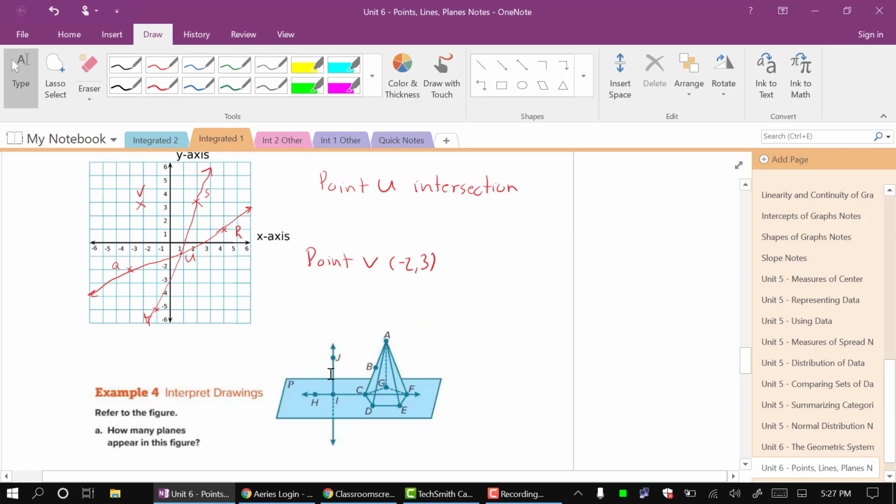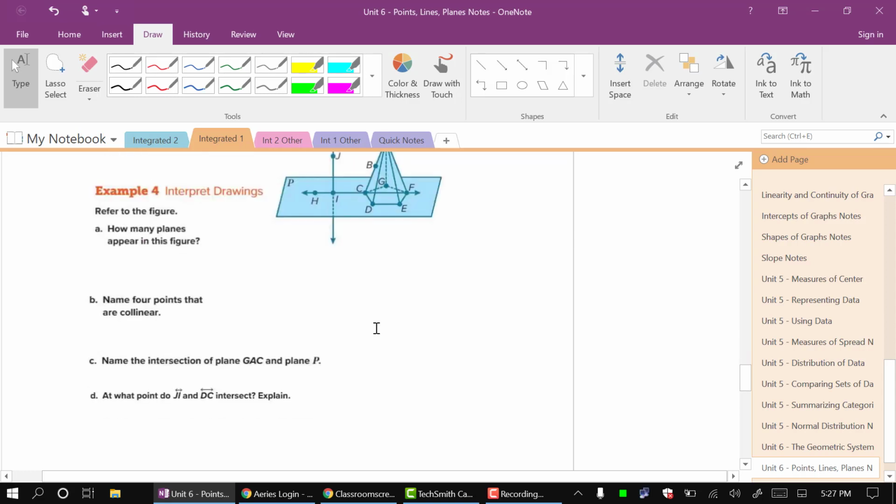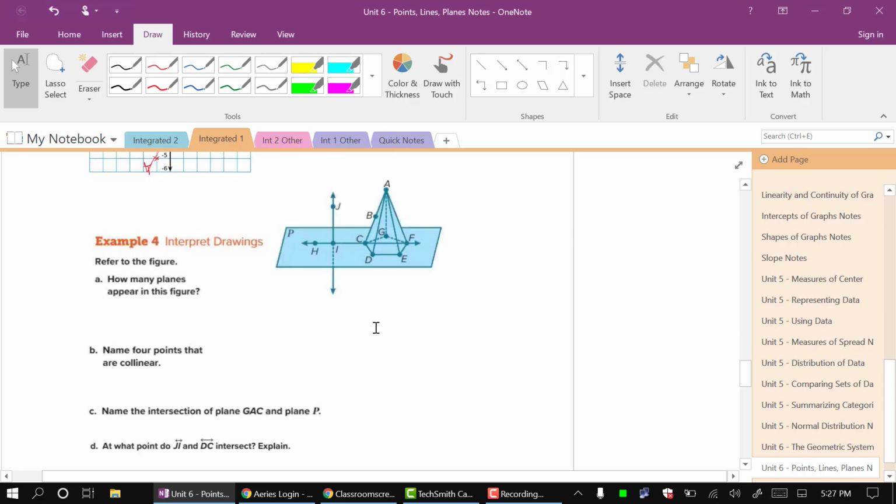Now let's take a look at this drawing. We want to come up with how many planes are in this figure. Well, if we look at it, this figure has 1, 2, 3, 4, 5, 6 planes.